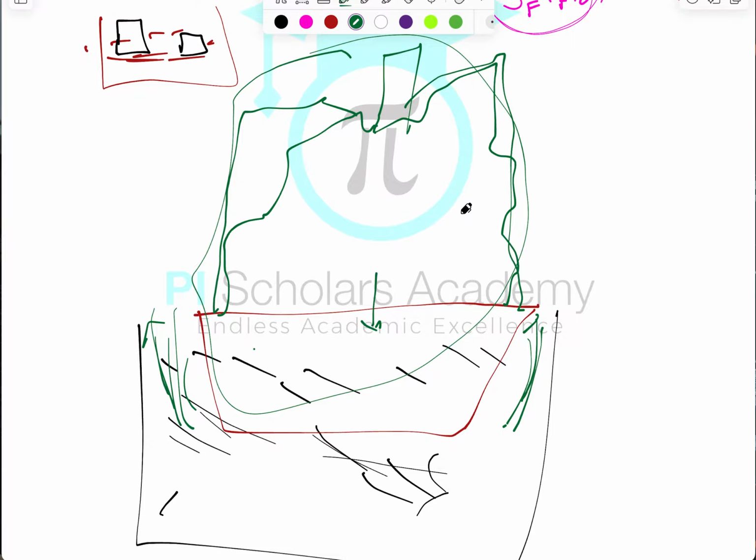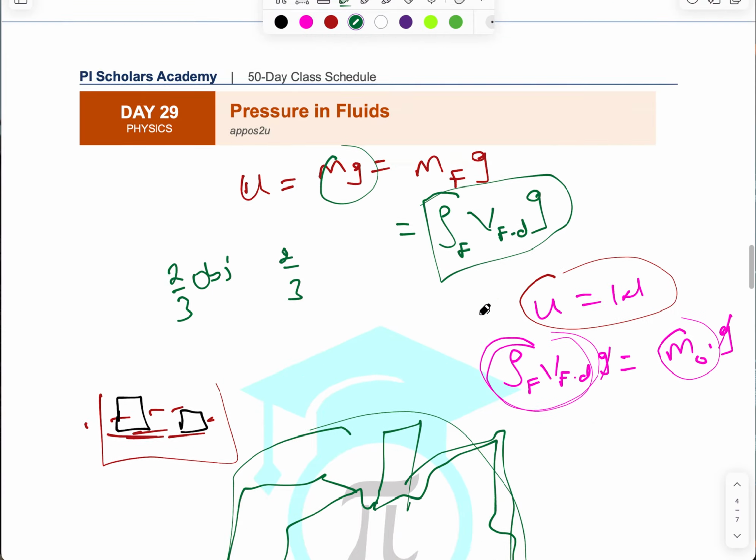So a proper calculation has to go in to determine how we create the hollow space and all of those things. And that's basically what pressure in fluid is all about.